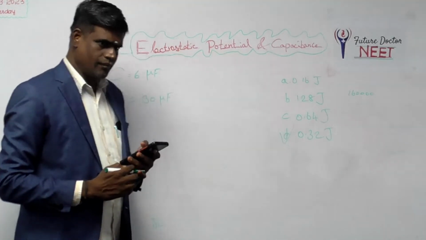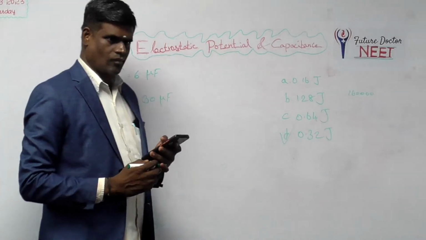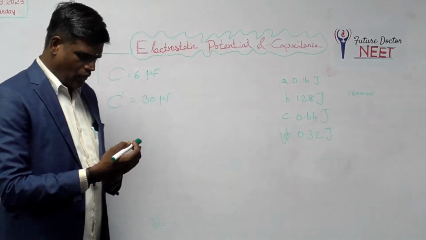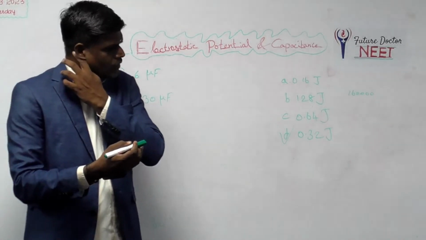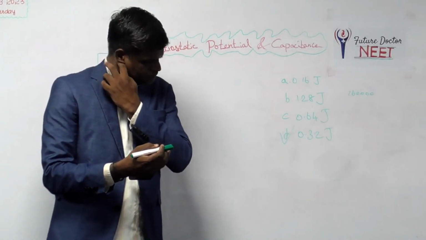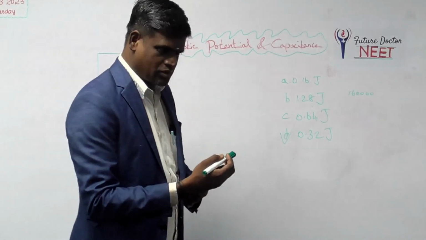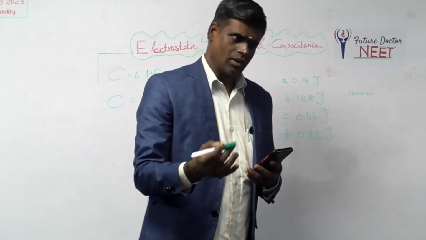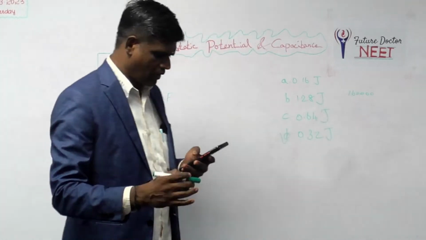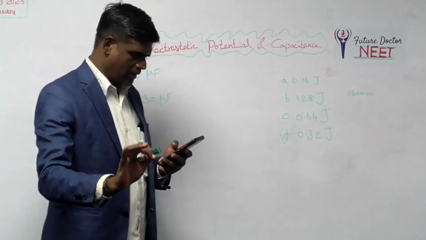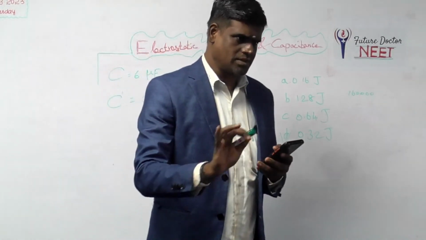Find the relative permittivity and permittivity of the medium. Actually, the question is only permittivity of the medium. Write down: the permittivity of the medium is dash.